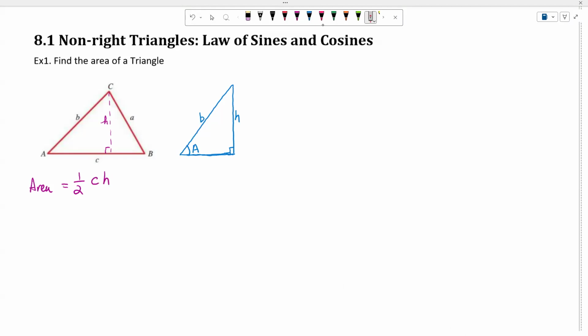Now, based on this triangle, we have the angle A. The opposite of A is H, and we also have the hypotenuse. So let's see how we can relate these three measurements, the angle A, H, and B together.